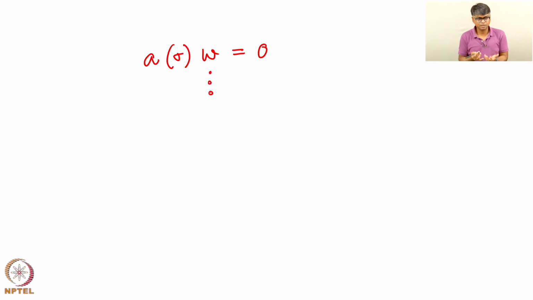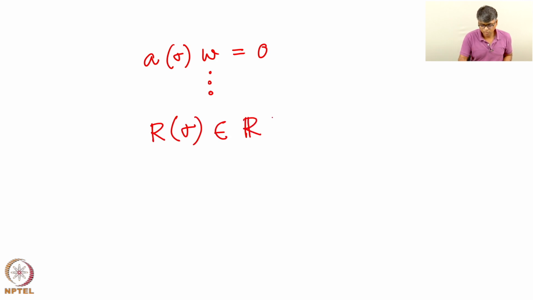A difference equation can be written as a(sigma) w equal to 0. And now you go through the same set of arguments that we did before, and you can come up with a matrix R(sigma), which is now a matrix of Laurent polynomials in sigma, sigma inverse, of size G cross Q, such that R(sigma) w is equal to 0.